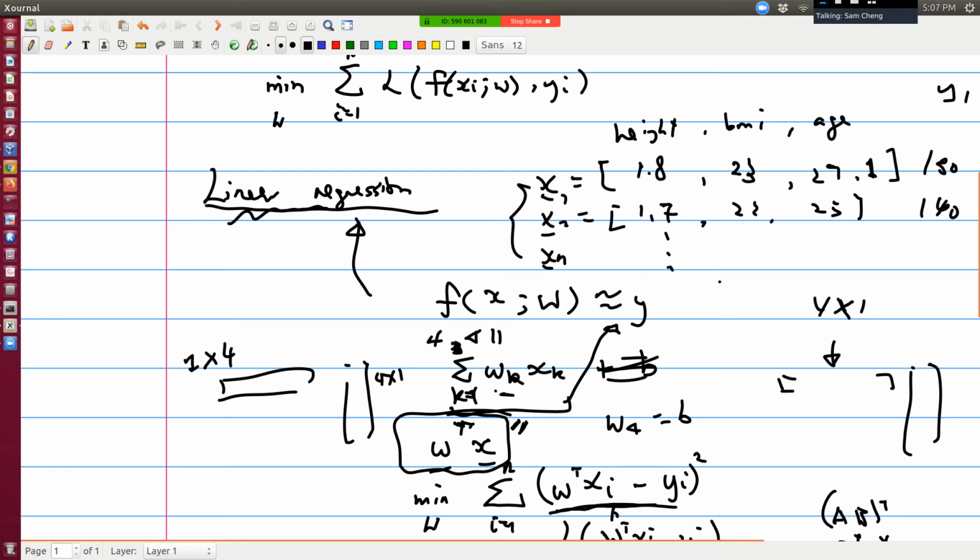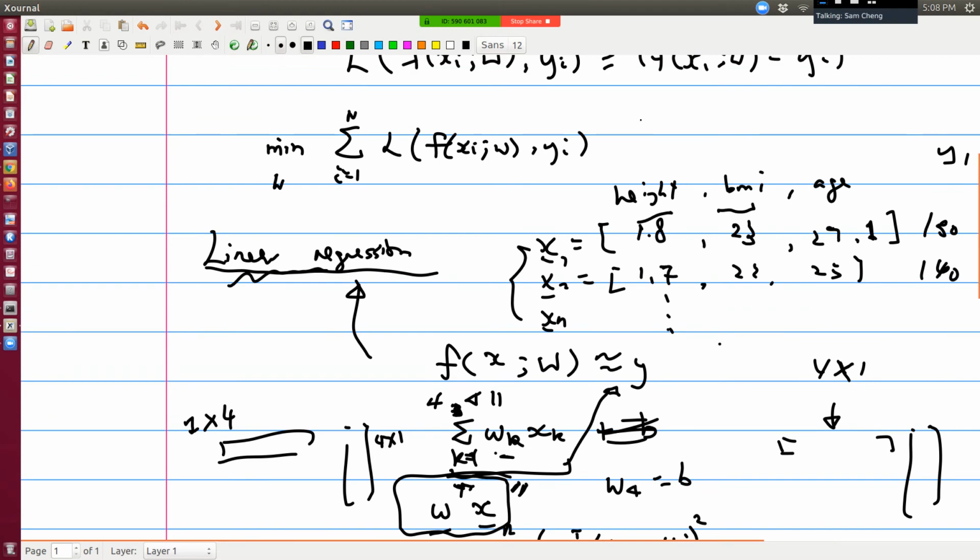Of course, by design I am making things up, so some of the features are kind of useless. If I know the height, then most likely, if you know the definition of BMI, it is equal to the mass over height squared.